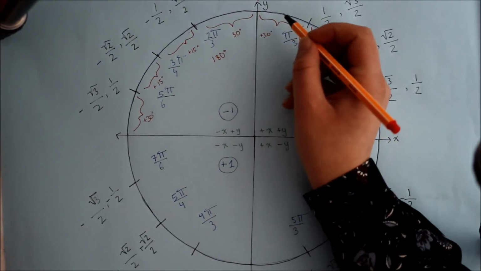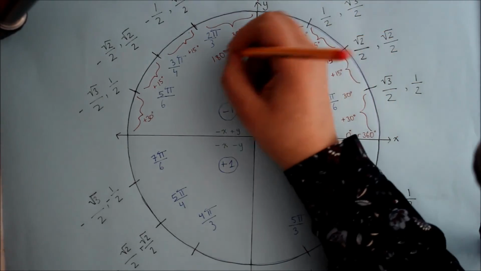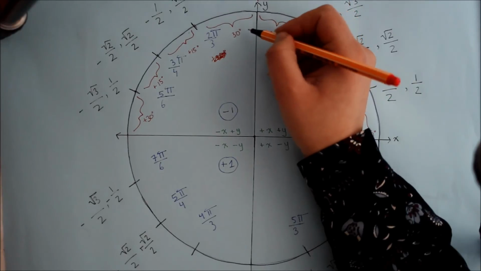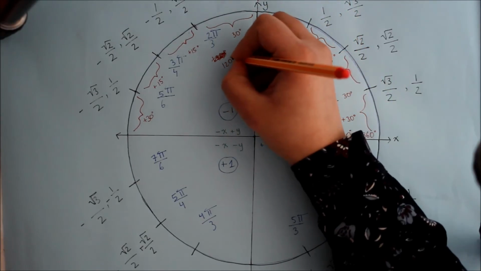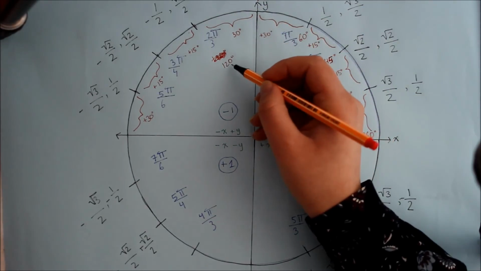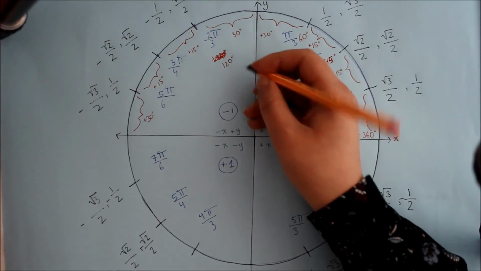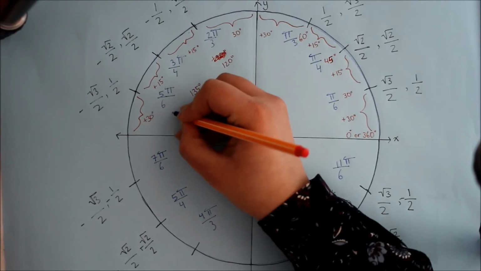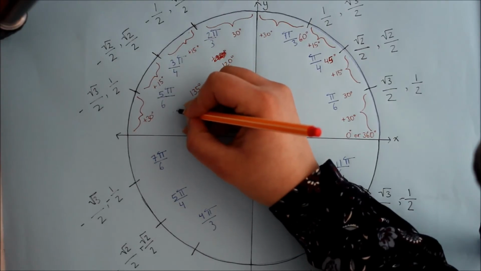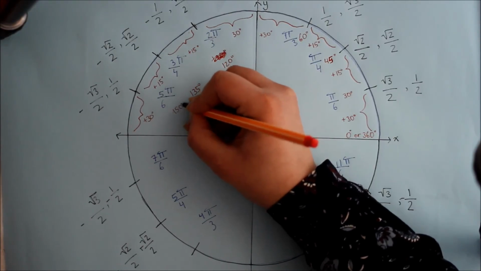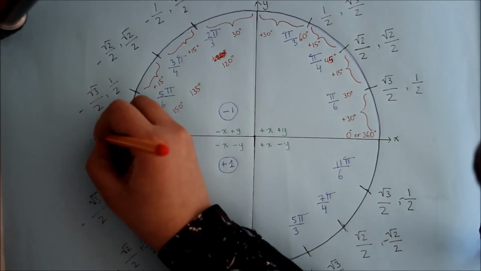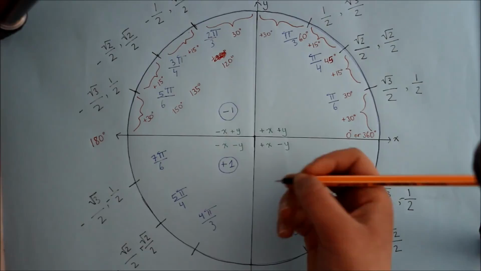So here it's, oh my god, how did I write 180? I'm so sorry. 90 plus 30 is 120, I'm so sorry. And then 120 plus 15, we have 135 degrees. And then right here is going to be 150. And here it's 180 degrees. Okay?